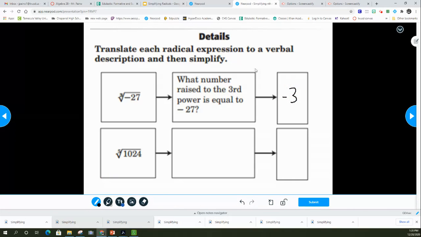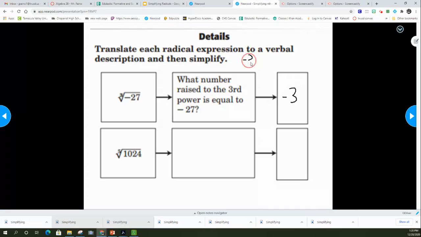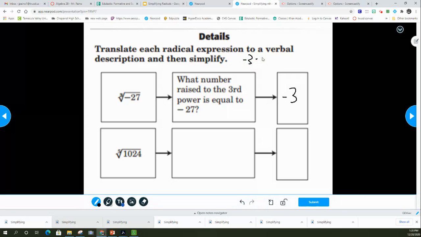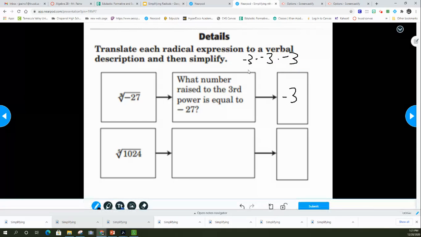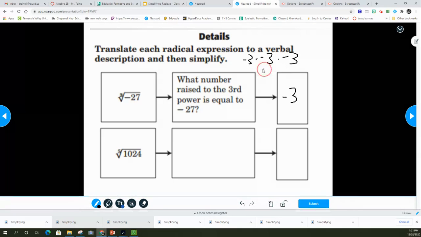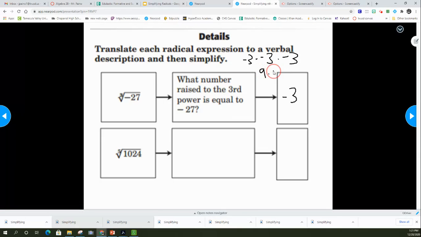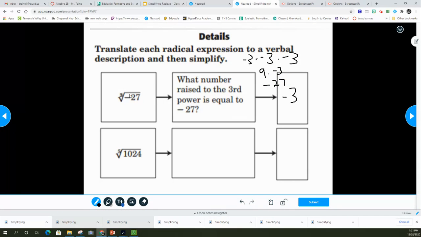If I wrote that out, negative 3 times negative 3 times negative 3, you would get negative 3 times negative 3 is 9, and then 9 times negative 3 is negative 27. So the cube root of negative 27 is negative 3.